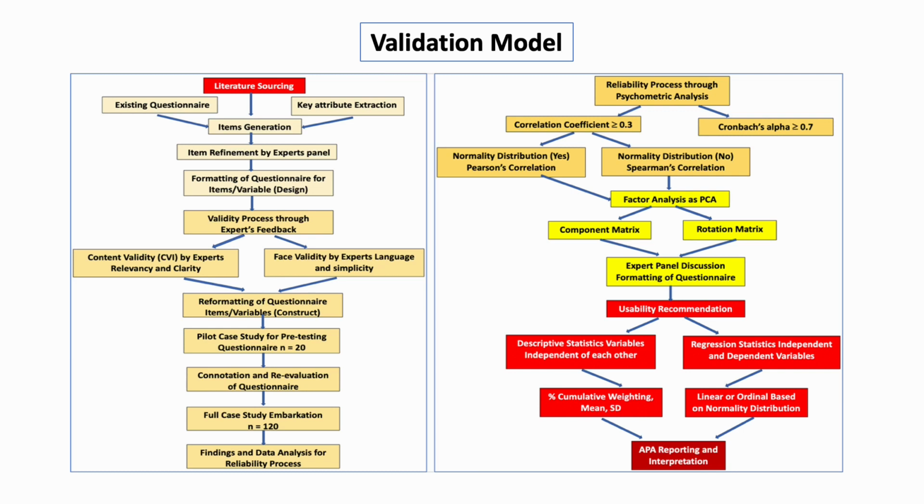So this is very important, and this will determine the construct validity. An item may move from one component to another, and even the number of components can increase or decrease as the situation may be.